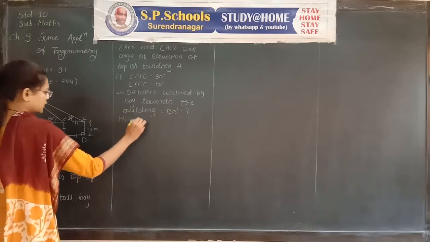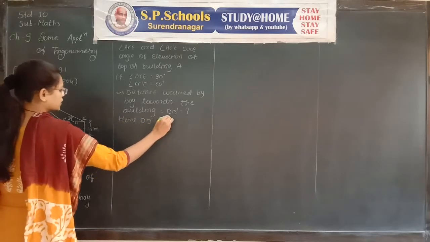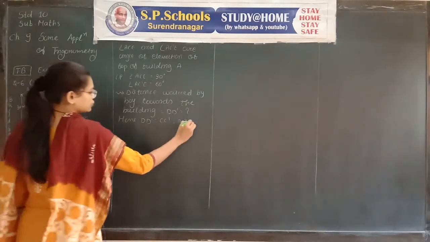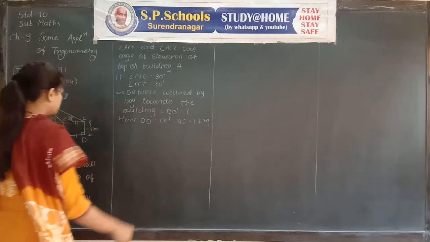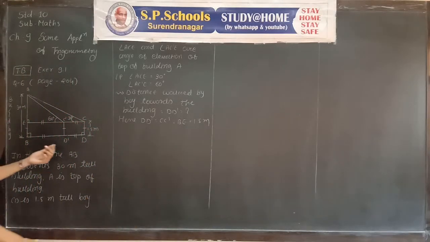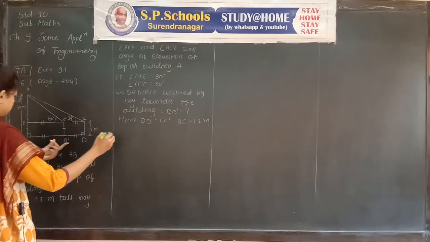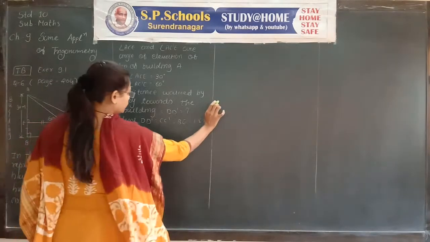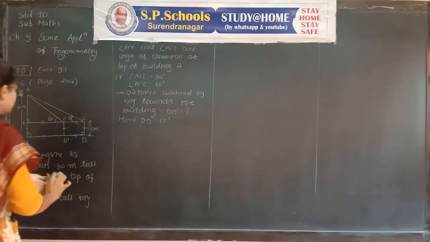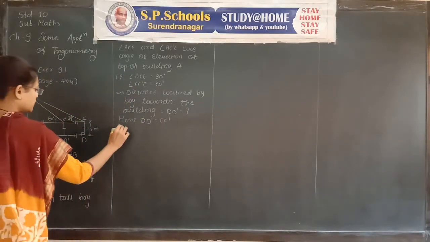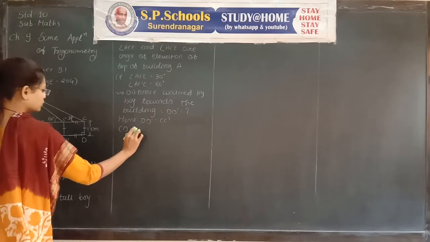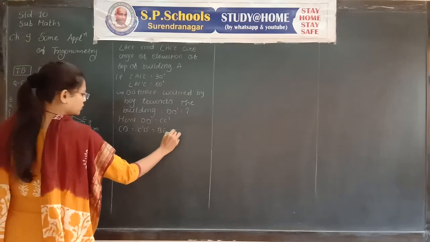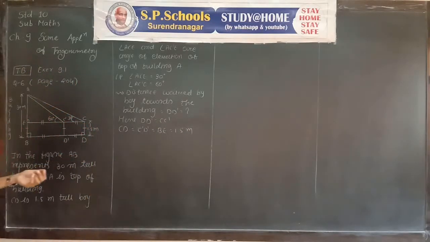Here DD dash equals CC dash. CD equals C dash D dash equals BE equals 1.5 meter.